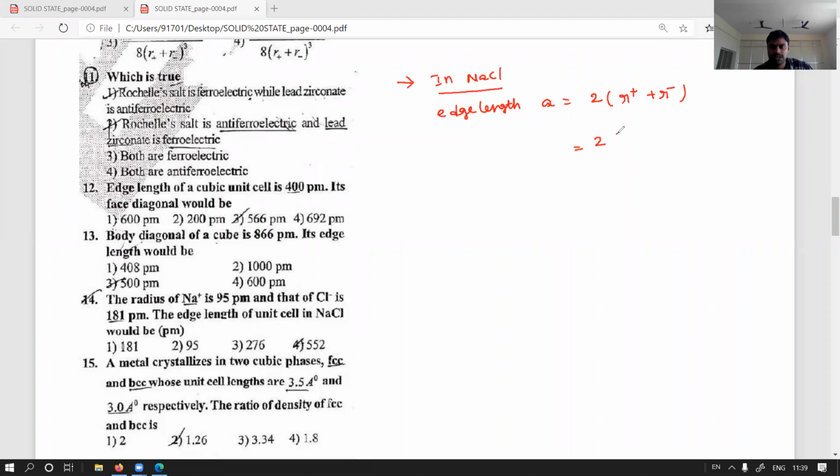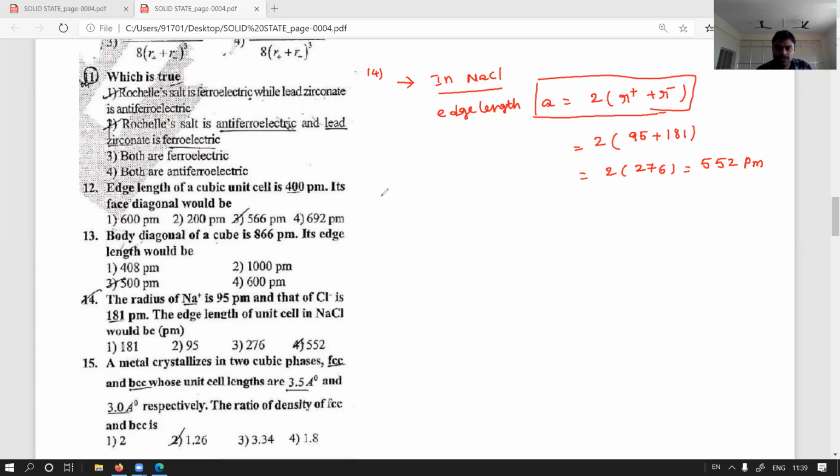So the edge length is equal to 2 into radius of Na plus, which is 95, substitute, plus Cl minus which is 181. On simplification, 2 into 276 is equal to 552 picometers. Okay, direct. So in NaCl, edge length is equal to 2 into radius of Na plus plus Cl minus. That is an important formula.